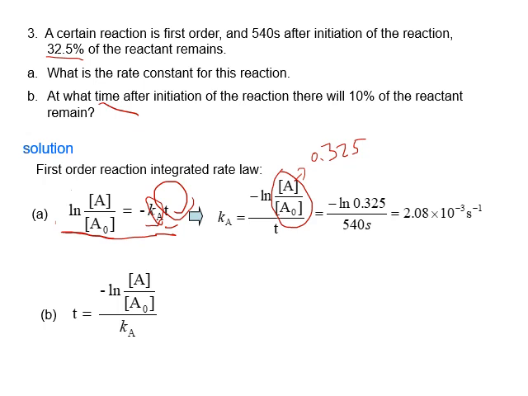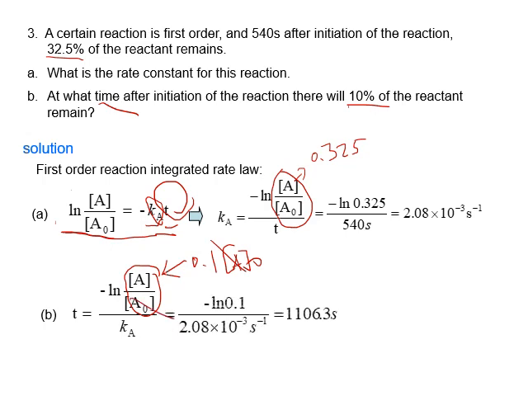Again, you need the ratio, concentration over initial concentration. It says 10% remains, that means this is 0.1 A naught. A naught cancels, and that gives you negative ln 0.1 divided by k. And the time is 1106 seconds.